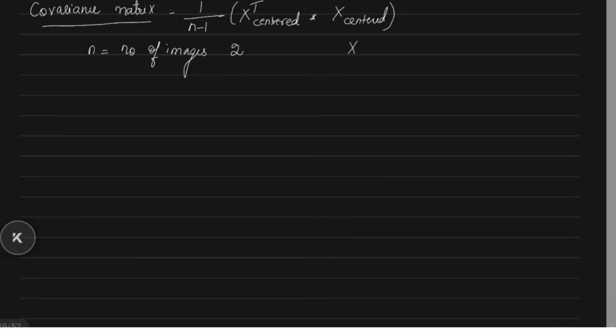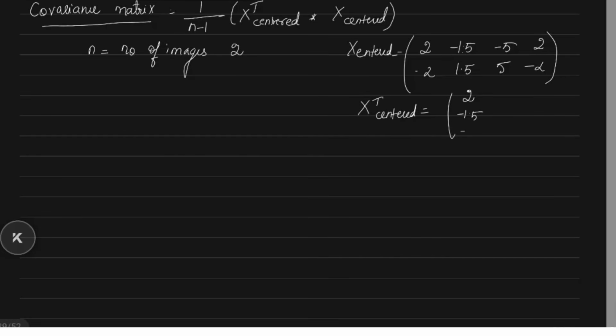X-centered was 2, minus 1.5, minus 5, 2 in the first row and minus 2, 1.5, 5, minus 2 in the second row. Obviously, X-centered transpose would be the transposed arrangement of these values.